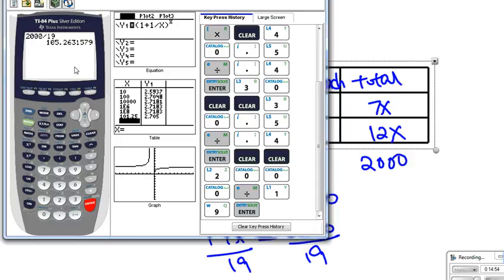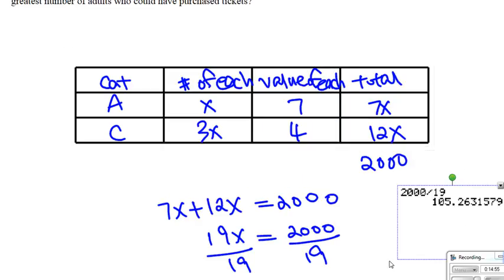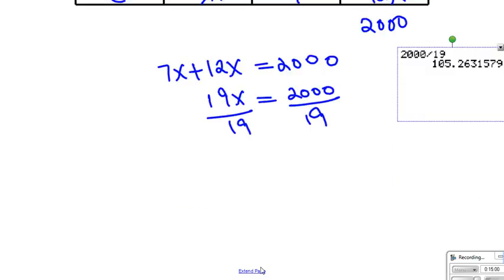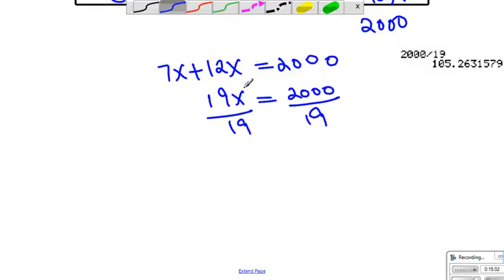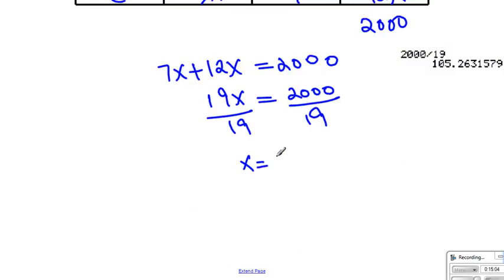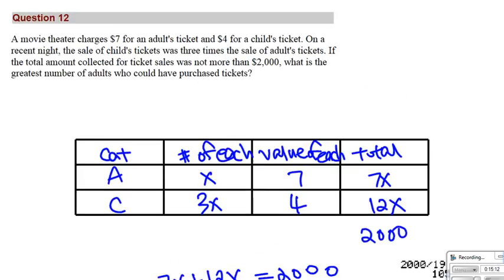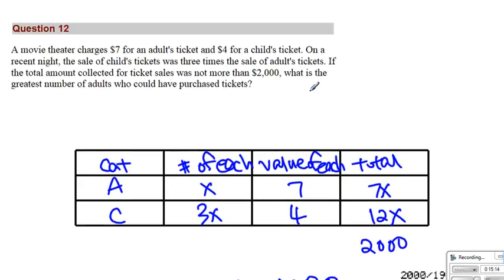Okay, there it goes, 105.3-ish. That means 105 will be the highest number which we can have. And then what is the greatest number of adult tickets? I guess since it was equal to x, it will be equal to 105 itself.